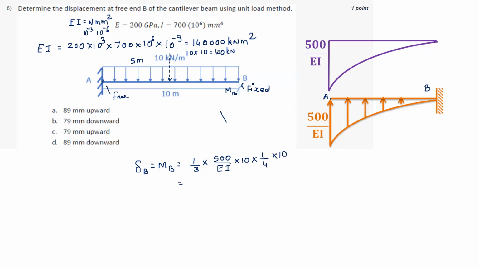If we calculate this value, we get 500 into 100 divided by 7, so this comes to 7142.85 upon EI. And EI we have as 14,000, so 7142.85 upon 14,000.